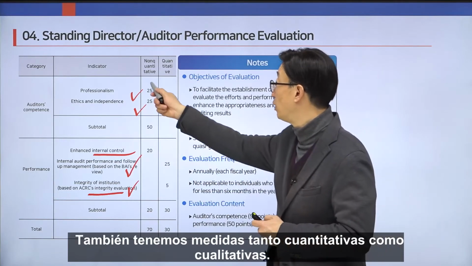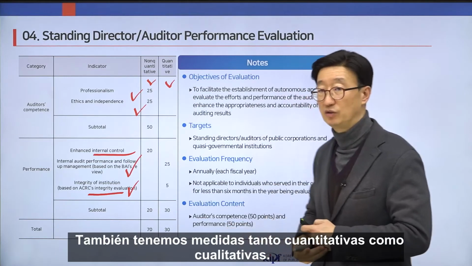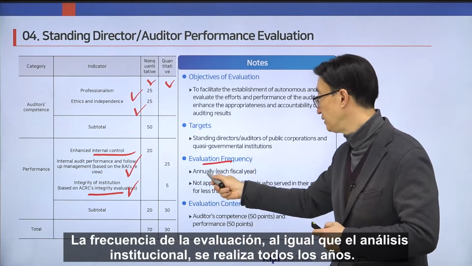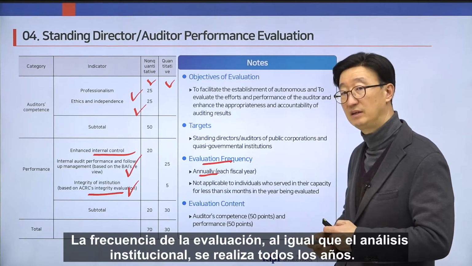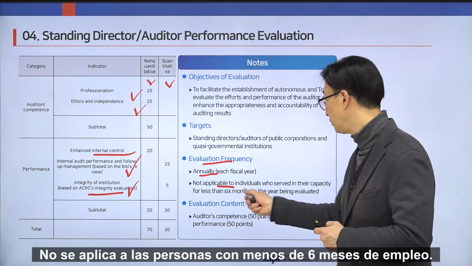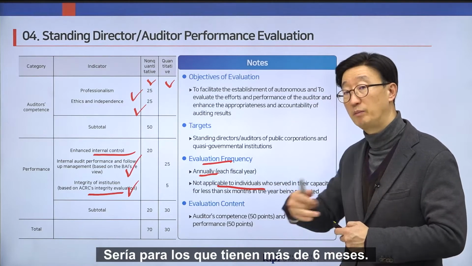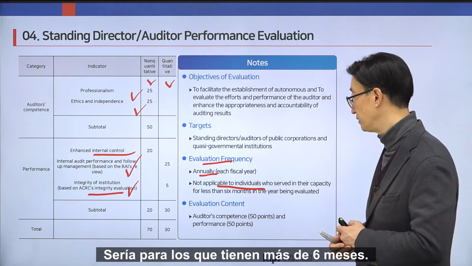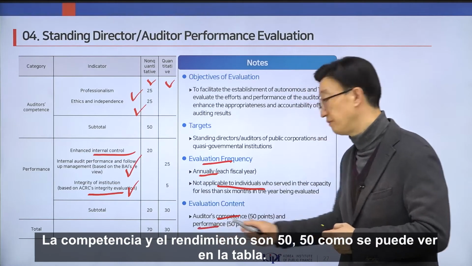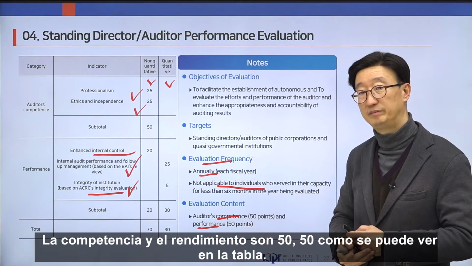We also have both quantitative as well as qualitative measures. The evaluation frequency is the same as the institutional analysis, conducted every year. It is not applicable to individuals with less than 6 months of employment, so it will be for those over 6 months. Competence and performance are weighted 50-50, as can be seen in the table.